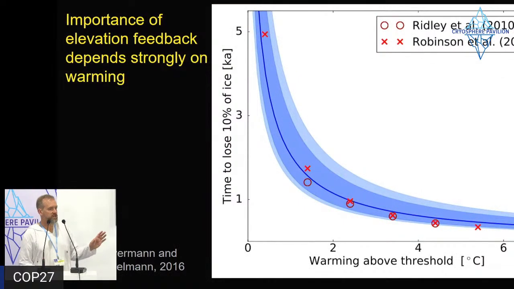Most of the impact is in the first few degrees of warming. This is the loss of 10%. It's the same shape for any volume of Greenland. The amount of time it takes to lose a fraction of Greenland ice increases most strongly in the beginning as temperatures increase above some stable threshold.